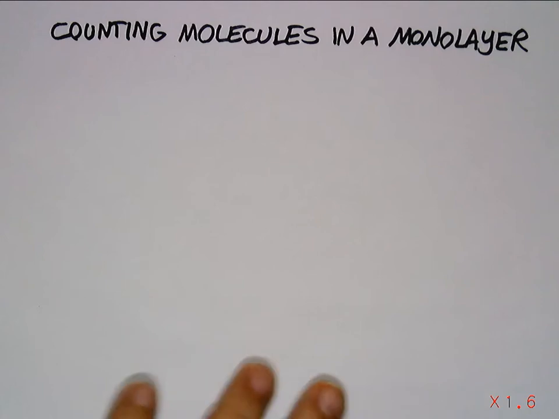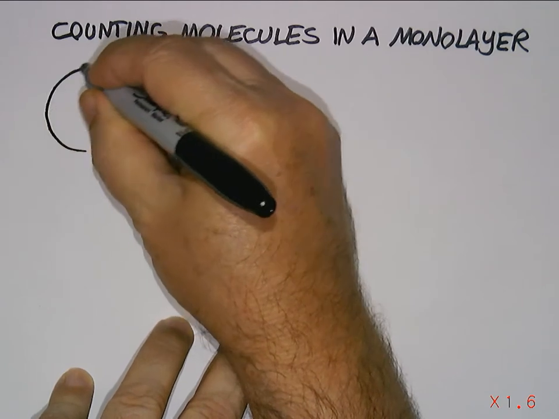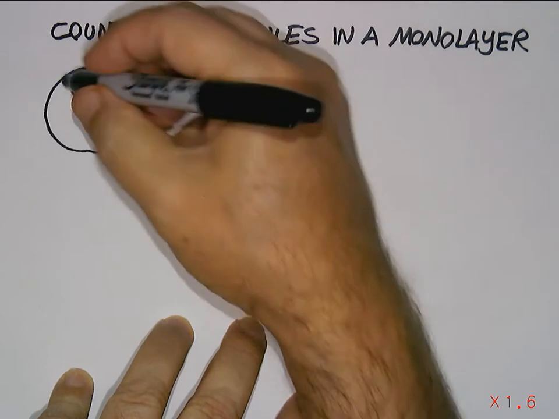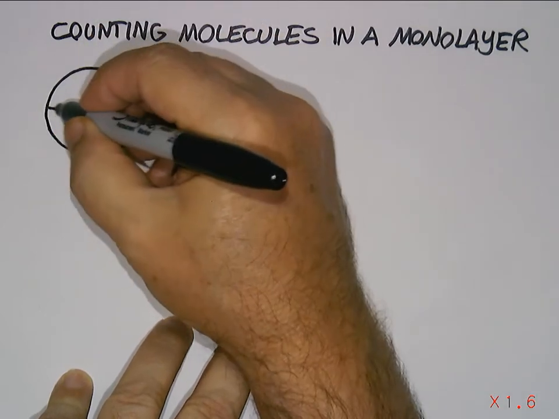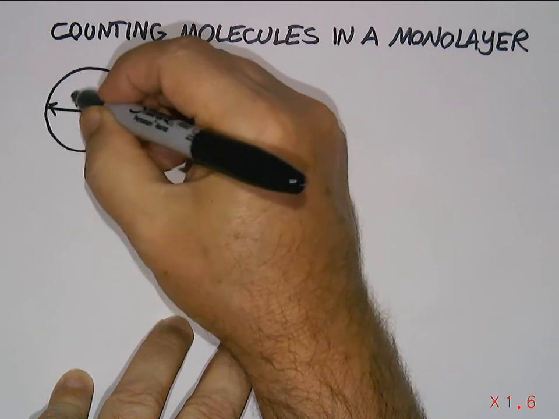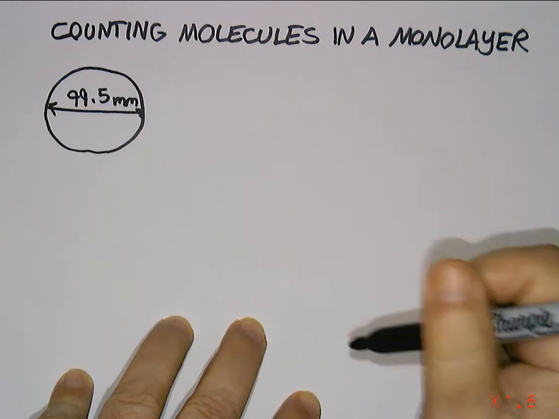So suppose I've got a monolayer, a layer 1 molecule thick, in a circular dish like this. And I know what the inside diameter of the dish is going to be: 99.5 millimeters.